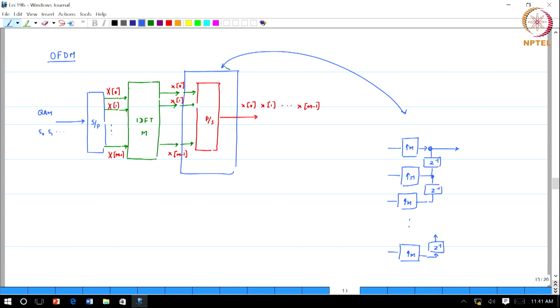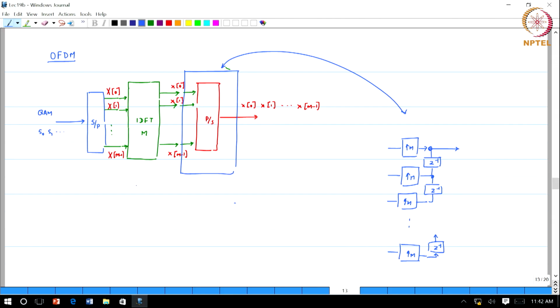Now, IDFT followed by a filter bank. If you go back and look at the structure that we derived, a delay chain followed by the IDFT basically tells us that the filters are shifted versions of it.